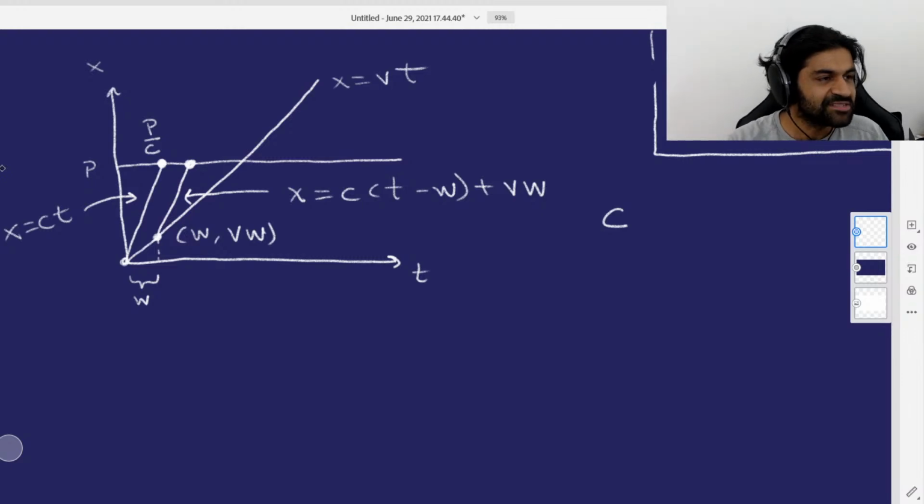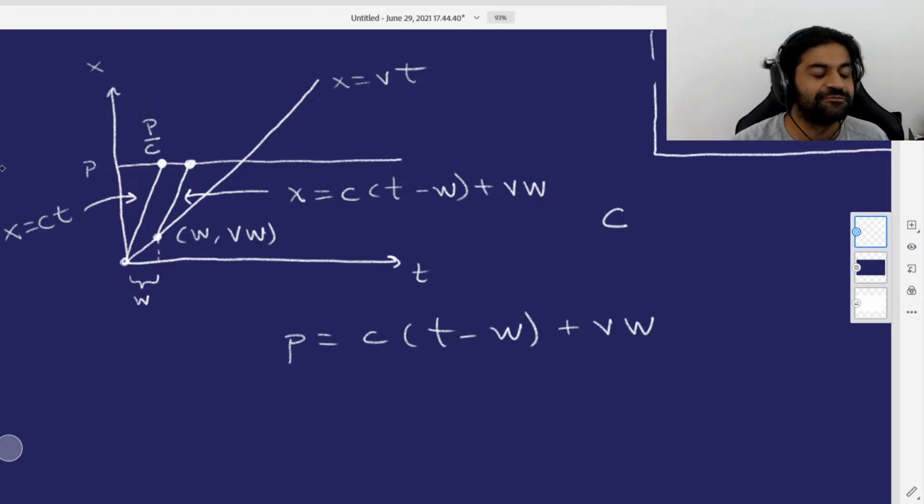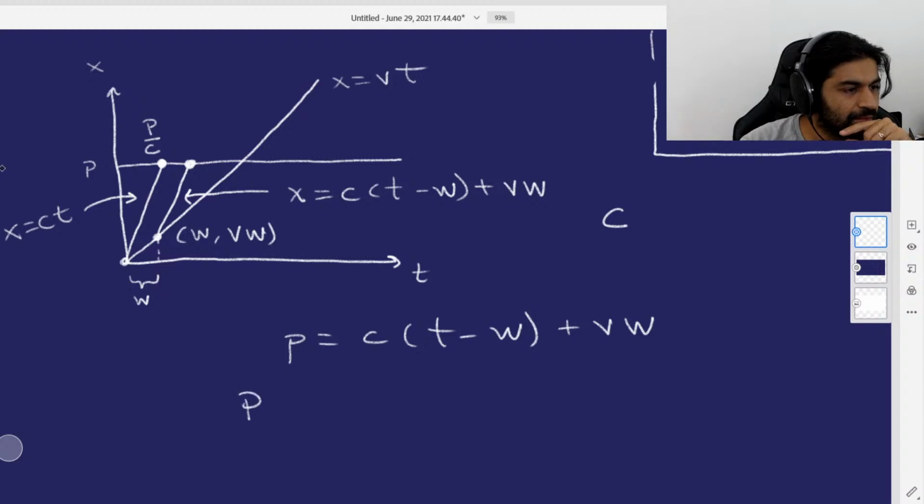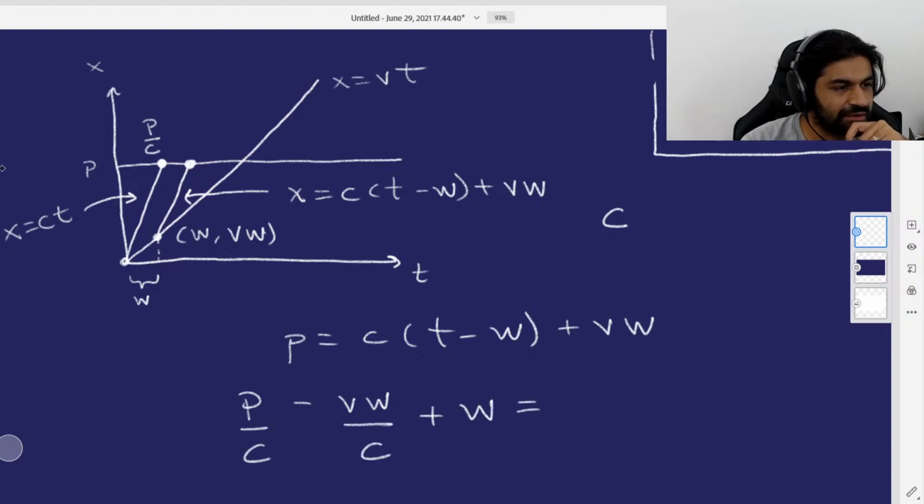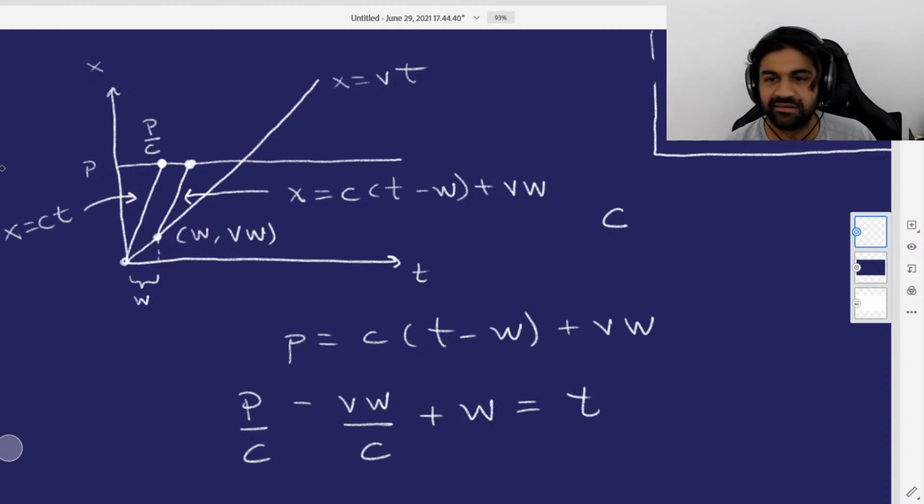So if I solve p equals c times (t minus w) plus vw, I'm solving for t. So this is going to be p over c minus vw over c plus w equals t.